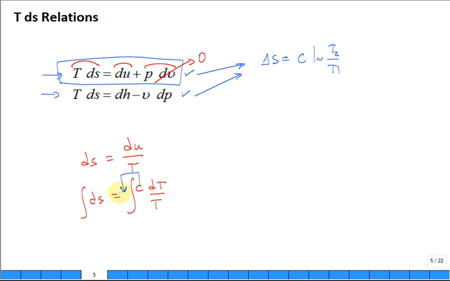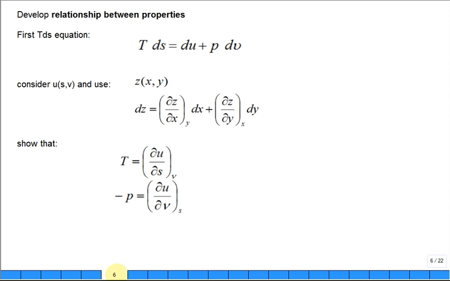We treat the specific heat as constant specific heat. Otherwise, you have to leave it inside. And you get that from S1 to S2, that's the change in S. That's S2 minus S1 is equal to C times the natural log of T2 over T1. So you develop some additional property relationships.